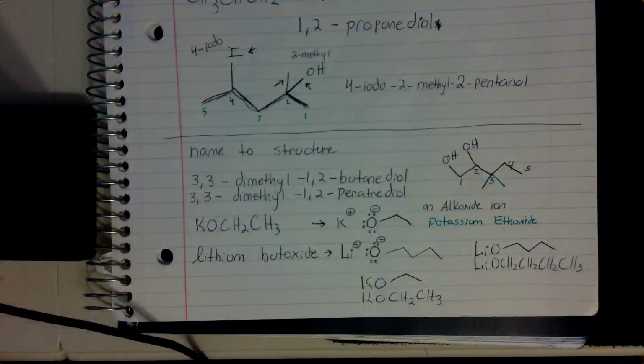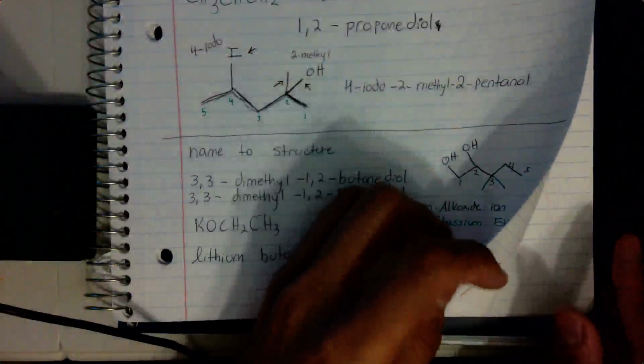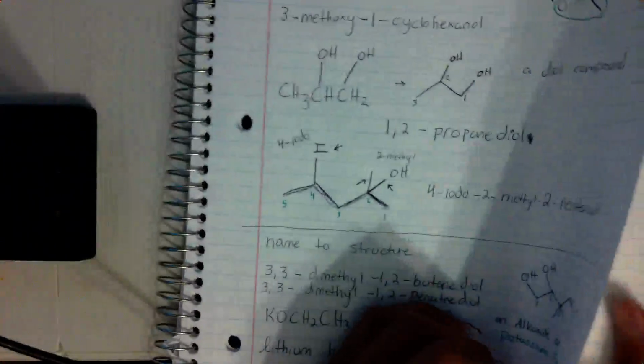And we've also looked at the diols. Okay, let's look at the last couple examples here. So we have isobutyl alcohol and we have 3-methoxycyclopentene. So we'll go ahead and do these. So we have isobutyl alcohol that we need to draw.